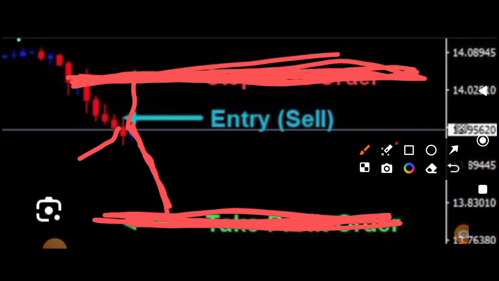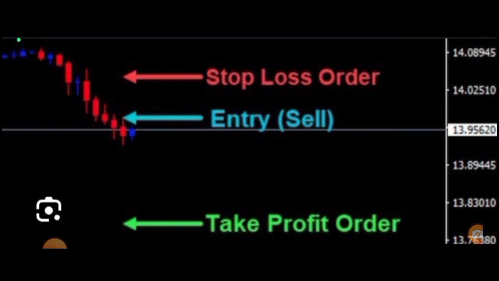Okay, the profit I made today is enough, or the profit I'm in whenever price gets here is enough for me, or this is what my strategy tells me to do. So this is your take profit. It's just as the name implies, take profit, stop loss. It's very simple. Stopping your loss, taking your profit. I hope you guys understand.